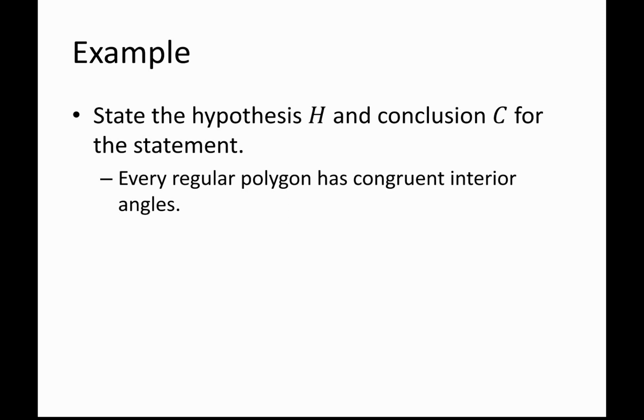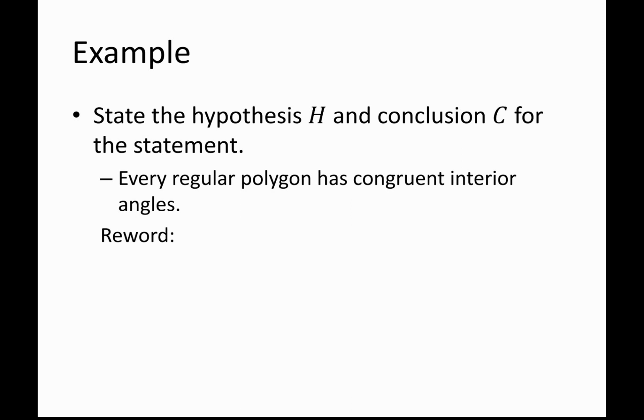I forget what the table number was, but it had all of these equivalent forms of the if-then conditional statement. So we want to rely on those in order to rewrite these into the standard if-then, and then it'll be easier to identify the hypothesis, previously called antecedent, and the conclusion, previously called consequent.